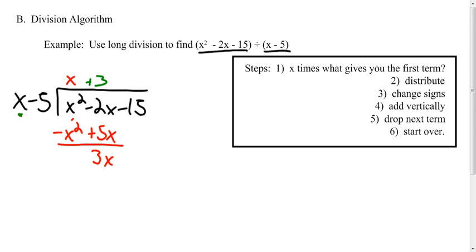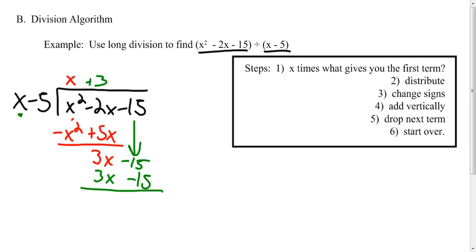3 times x gives us that 3x. 3 times negative 5 is negative 15. We drop this negative 15 down. And you can do this earlier, before. It's just that you only needed to look at the 3x before when dealing with how the x minus 5 goes into it.